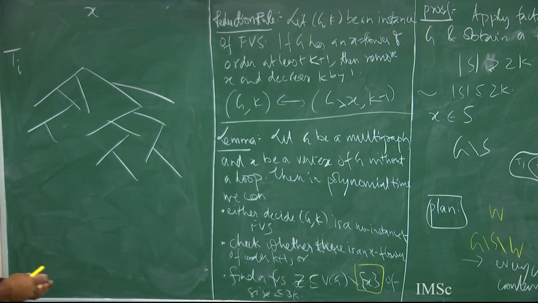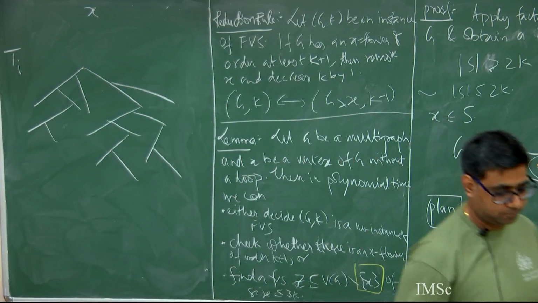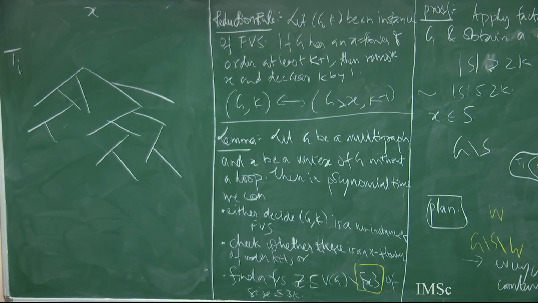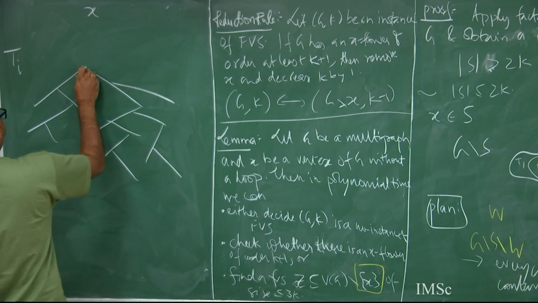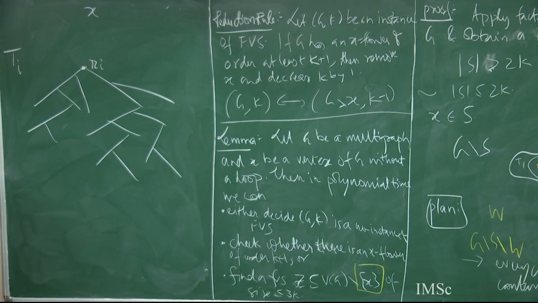Okay, one tree Ti. And what we do, we root this tree at some Ri, it does not matter which. So you fix a tree Ti and you root it at Ri.